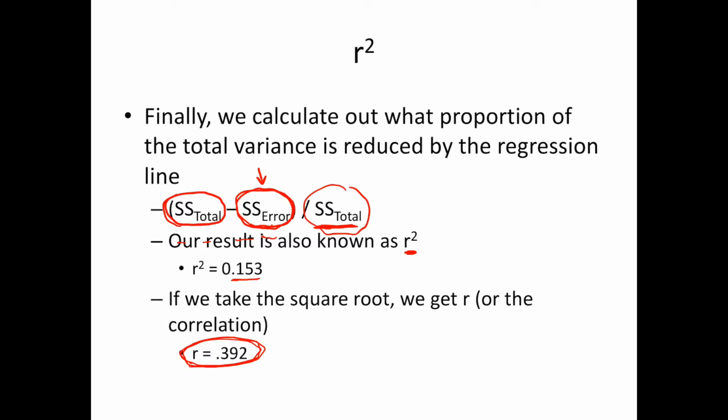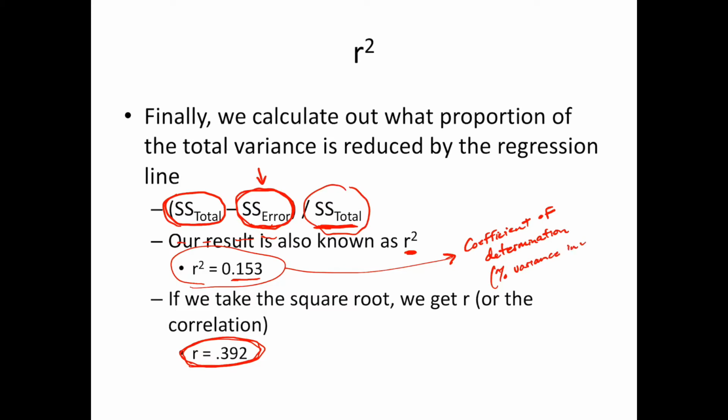The one last thing to say is r squared over here is also known as the coefficient of determination. Another way of thinking of it is the percentage of variance in y, and here y, remember, is the amount that we know, the percentage of the variance in final grades accounted for by x.